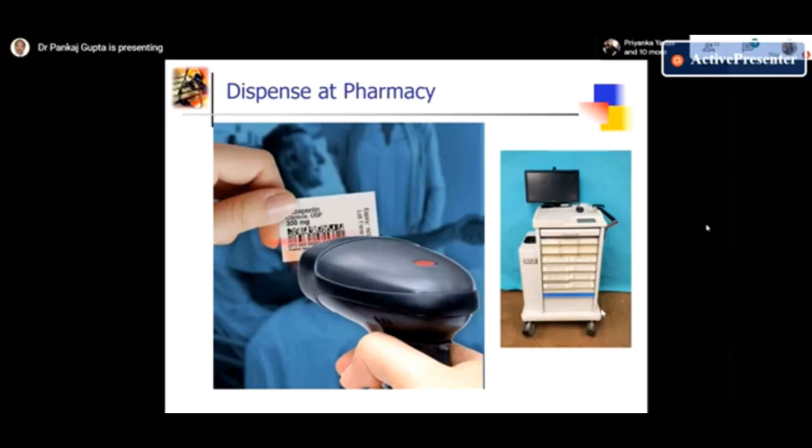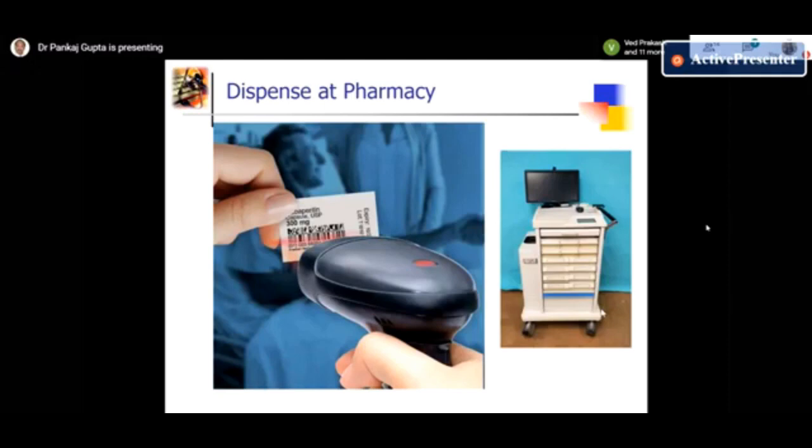Once he scans it, the system records that the order given by the doctor is the order that has been dispensed. If there is any error, it will flag and beep: not allowed, not allowed.